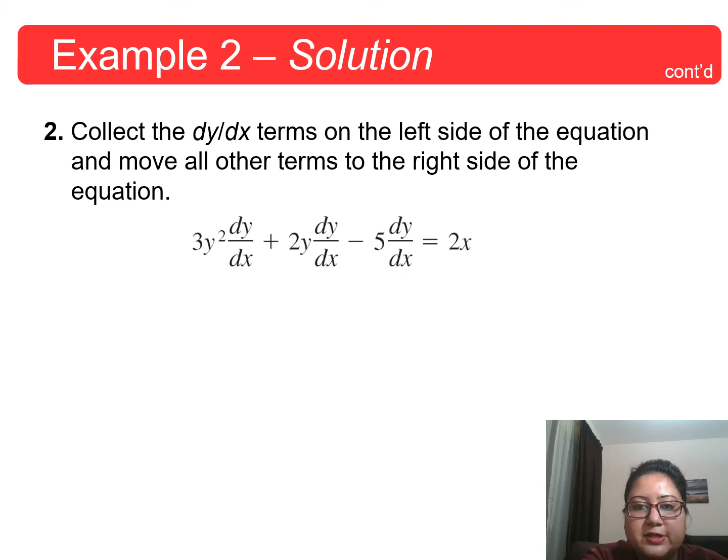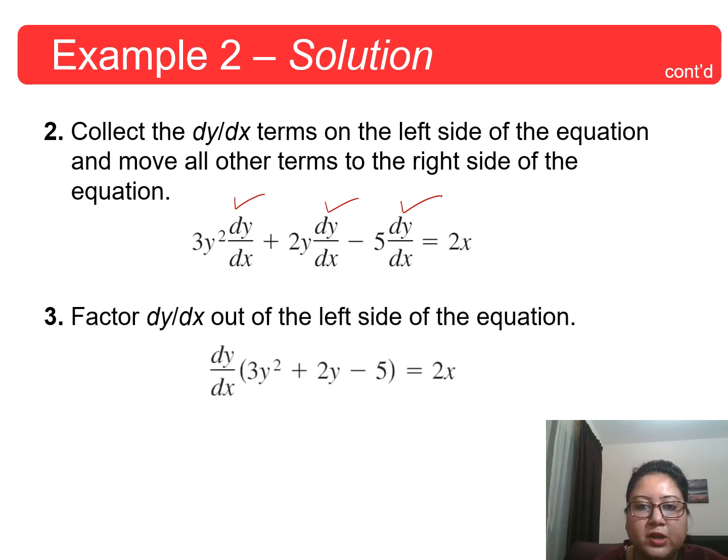Here we are going to collect all the terms which have dy by dx on the left side and move all other terms to the right side. From the last slide, you saw that there are 3 terms having dy by dx. So let's collect them on the left side, and we move the negative 2x to the right, making it plus 2x. Step 3, we factor dy by dx.